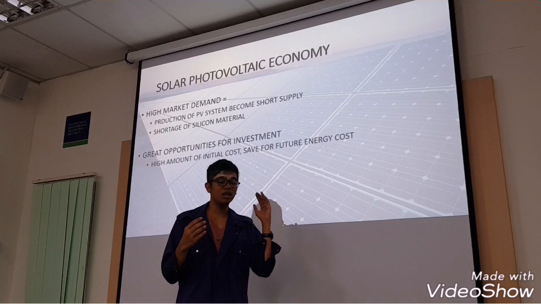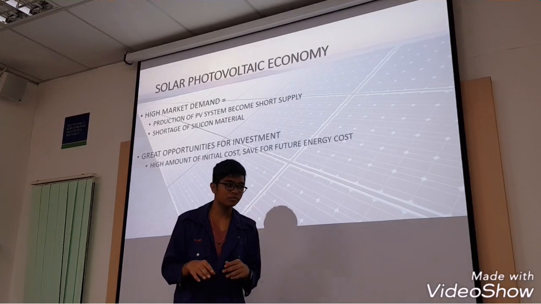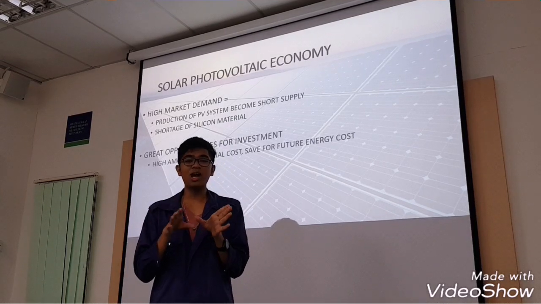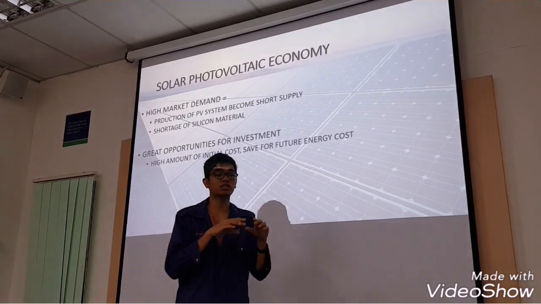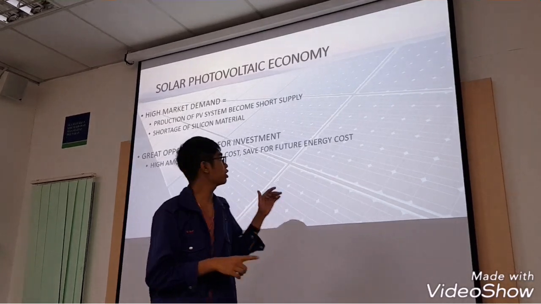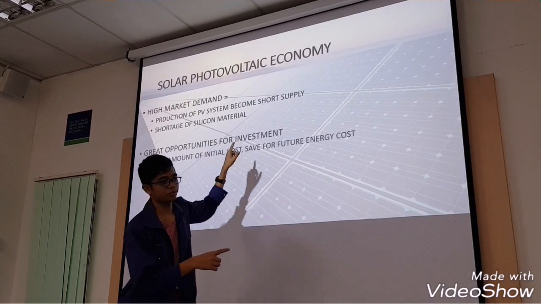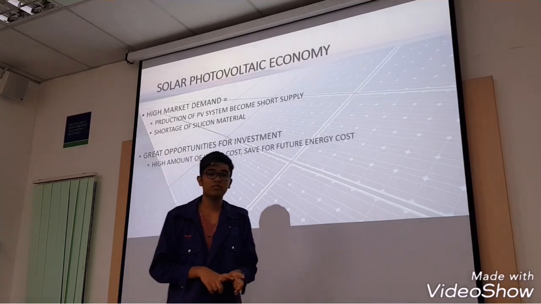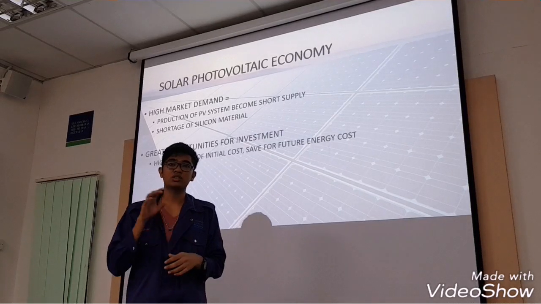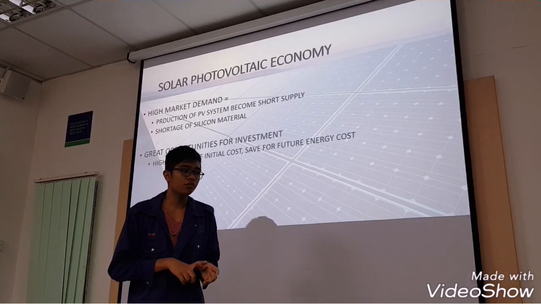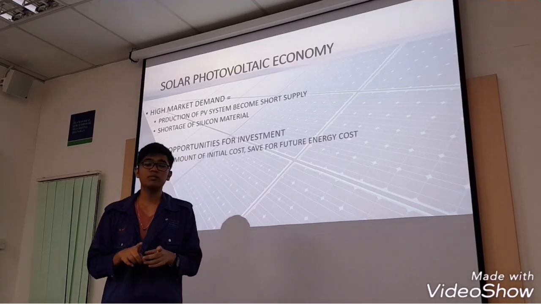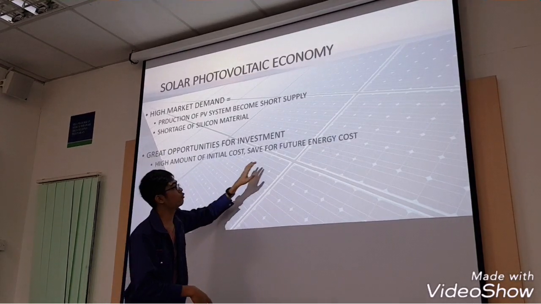When there is high demand in the market, we need a high amount of silicon to produce solar panels, and here it becomes a shortage of silicon material. But it is actually a great opportunity to invest in solar panels. Although we have to spend a high amount of initial cost, it saves our cost for future energy.